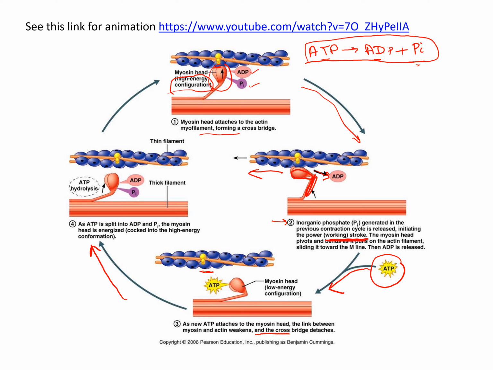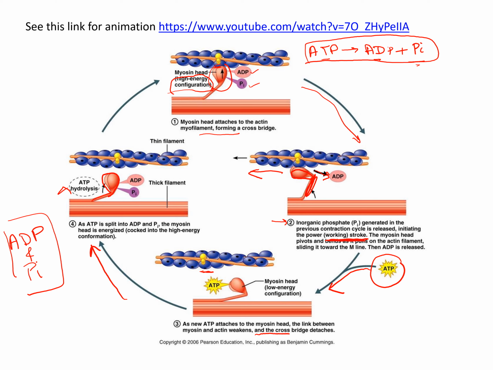And then the fourth stage is again hydrolysis of ATP. When ATP hydrolyzes, it breaks down into ADP and Pi, and the ADP and Pi still remain attached to the myosin head. This breakdown of ATP causes a change in conformation of the myosin head again.